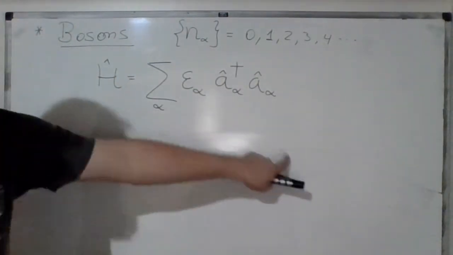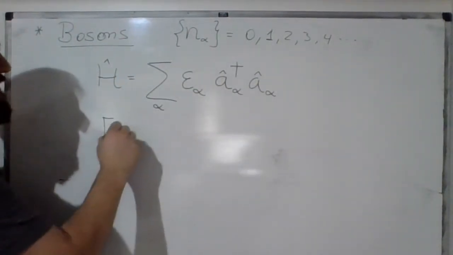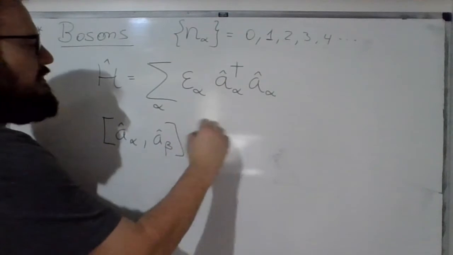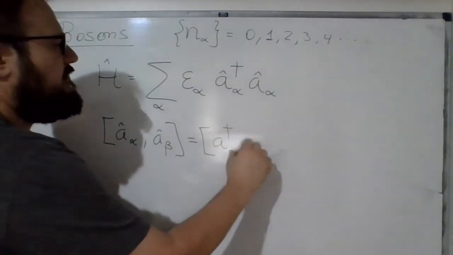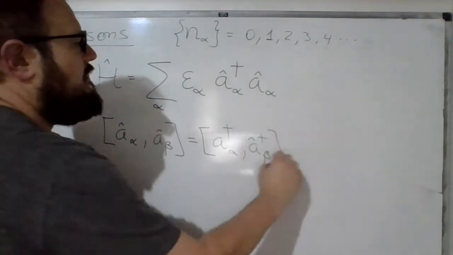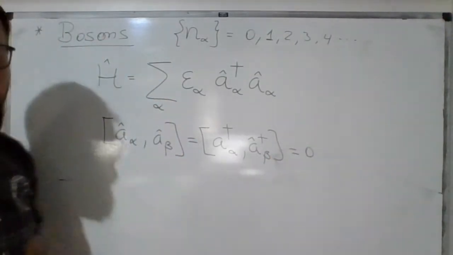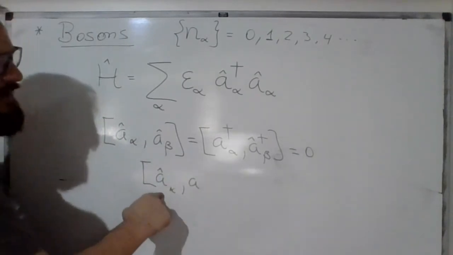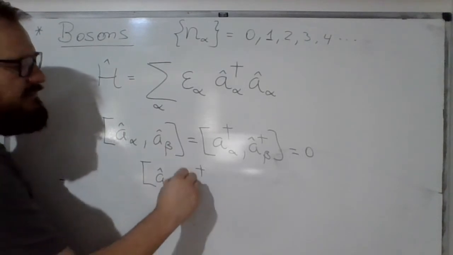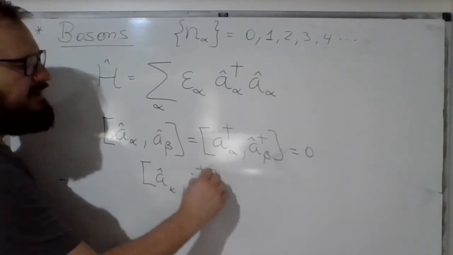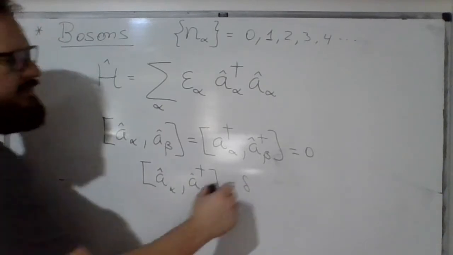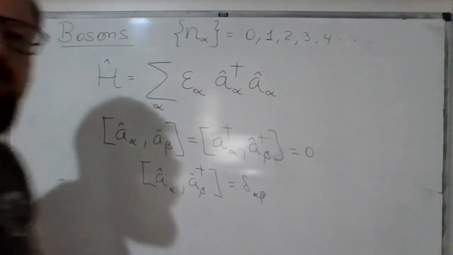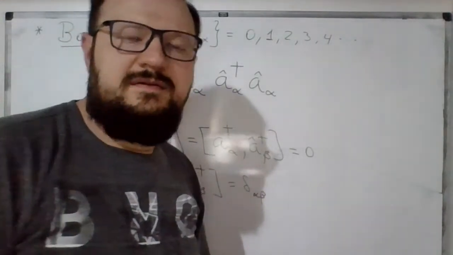In the case of bosons, just remember that commutators of annihilation operators, or of creation operators, are 0, and the commutator of A alpha, which is the annihilation operator for the state alpha, with the creation operator for the state beta, is equal to the Kronecker delta if the states can be labeled by a countable set of numbers.